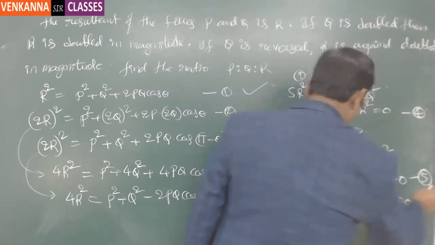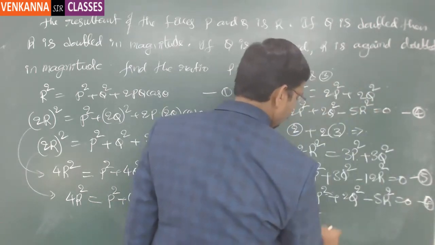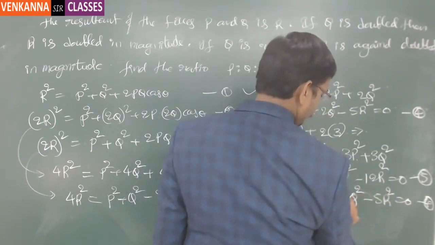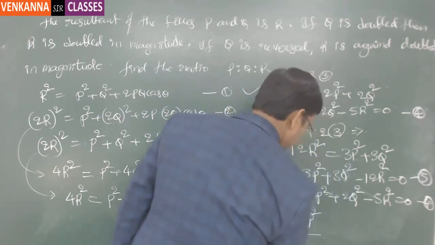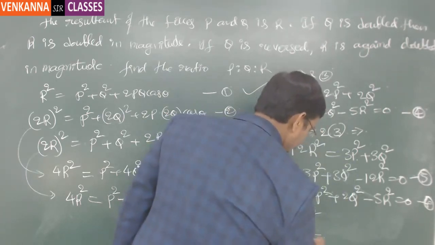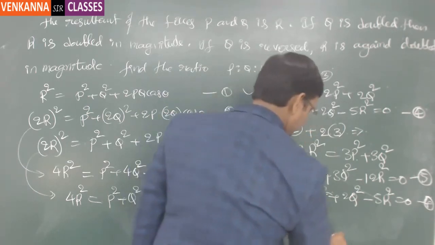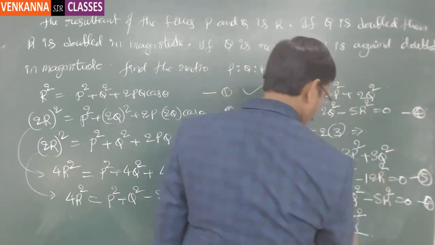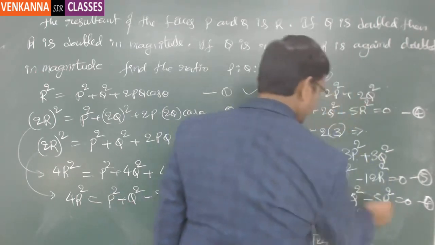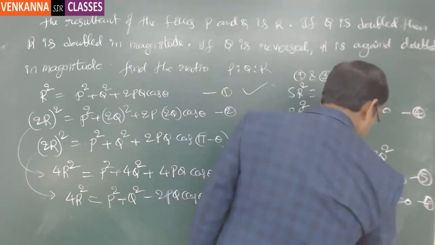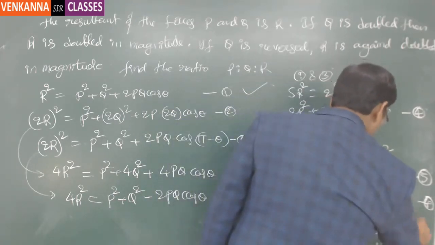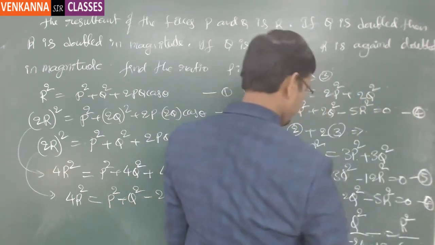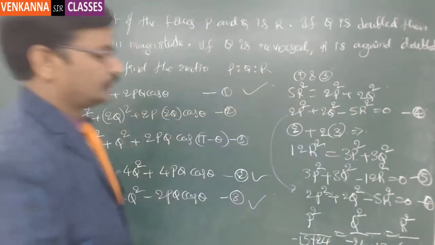Now p square divided by AD minus BC, so minus 15 plus 24, is equal to q square by minus 12 into 2 minus 24 plus 3 into 5, 15, equal to r square divided by 6 minus, there is something wrong.